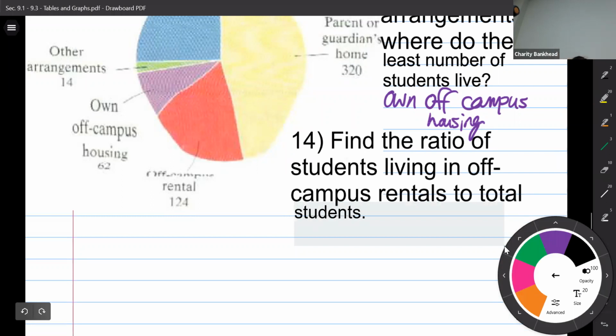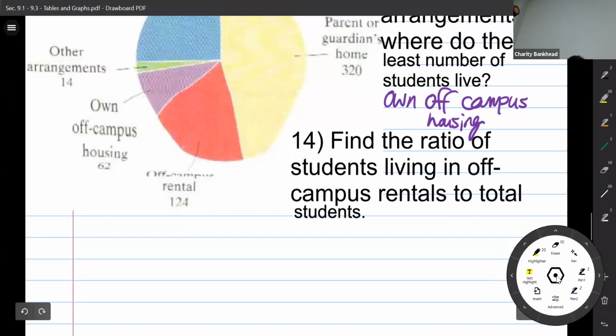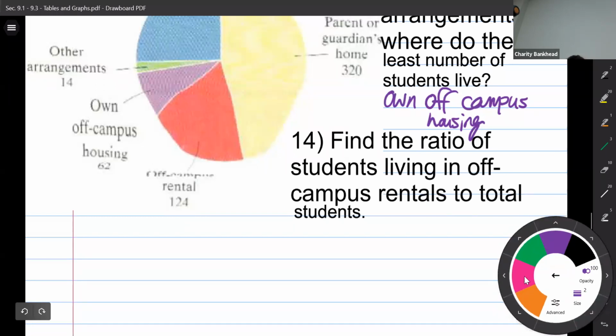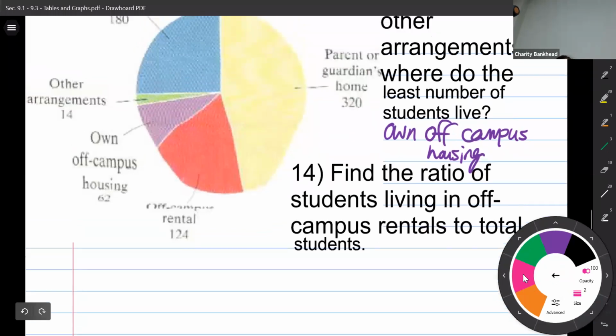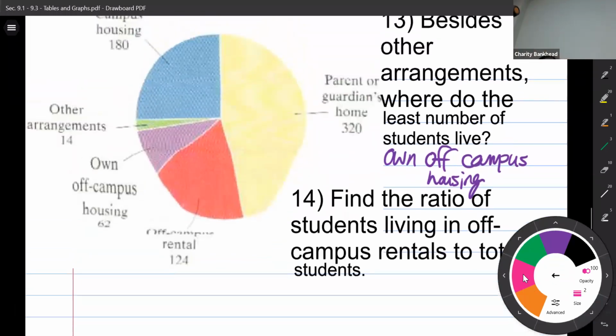Find the ratio of students living in off-campus rentals to total students. So first we would need to calculate the number of total students. So we would add up all of the categories.